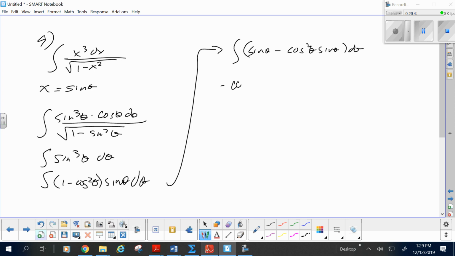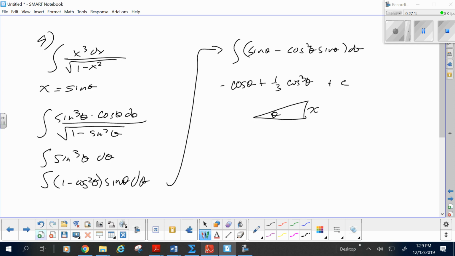So, negative cosine theta plus 1/3 cosine cubed of theta. Okay.